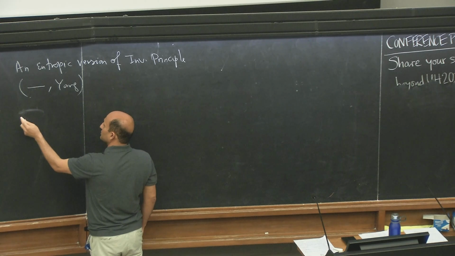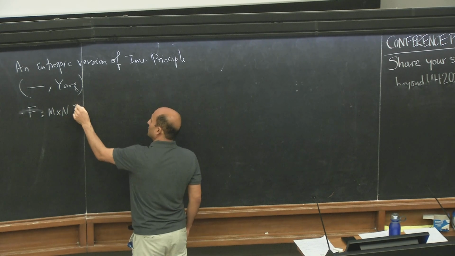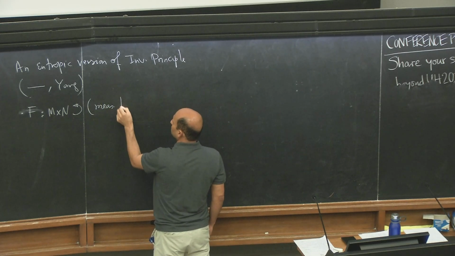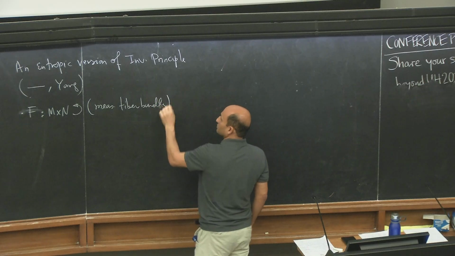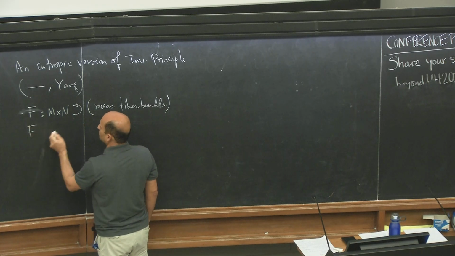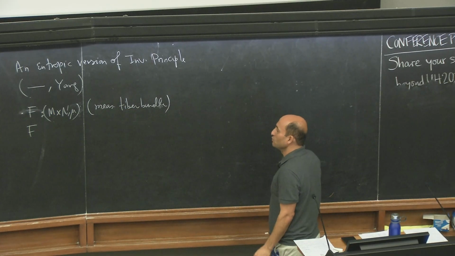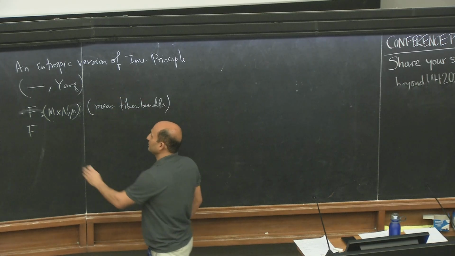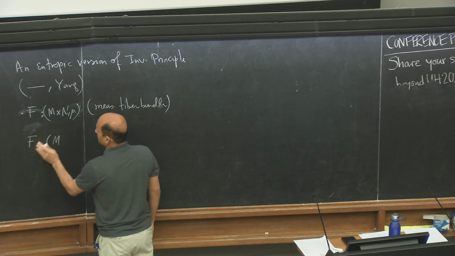Consider F from M times N, this is a measurable fiber bundle. Okay, so you have a measurable fiber bundle. You have a measure, of course, here you have a measure mu. My invariant measure is always mu for the top. Let me do the picture.